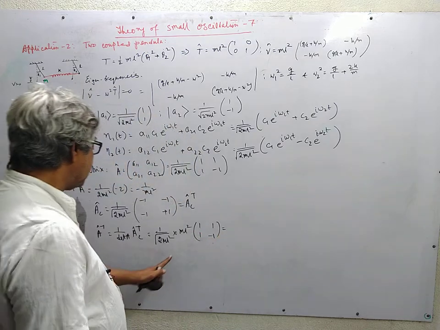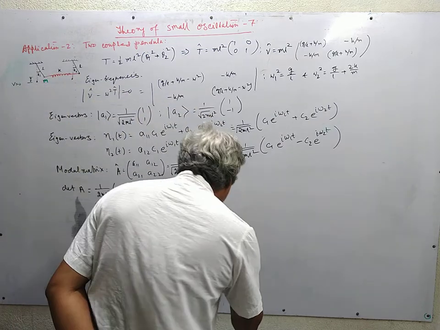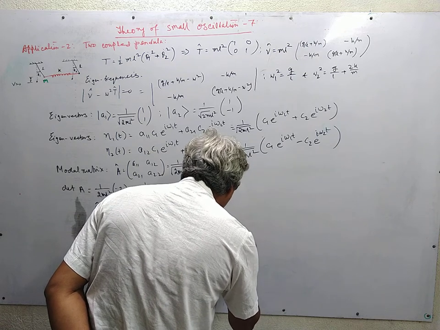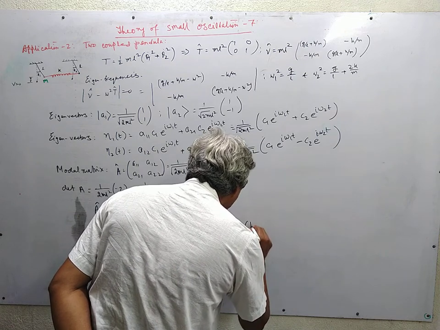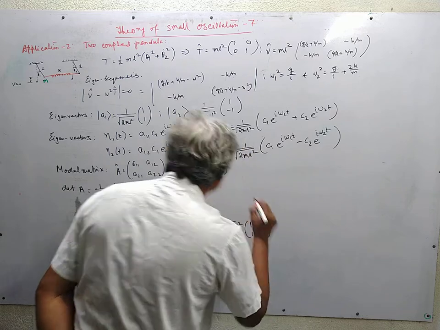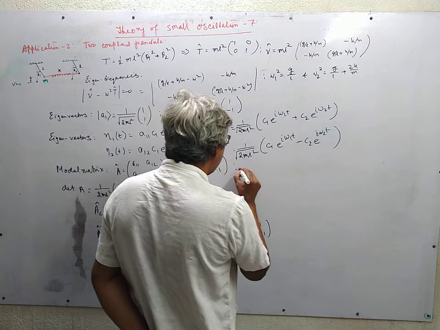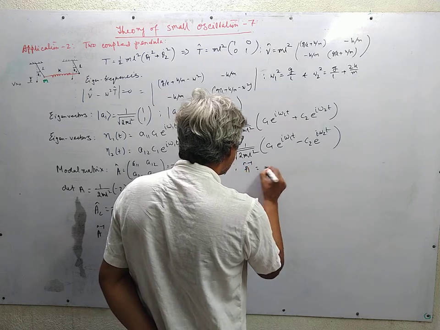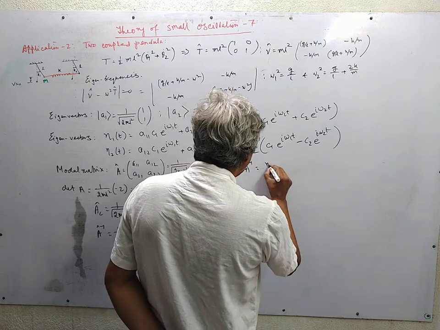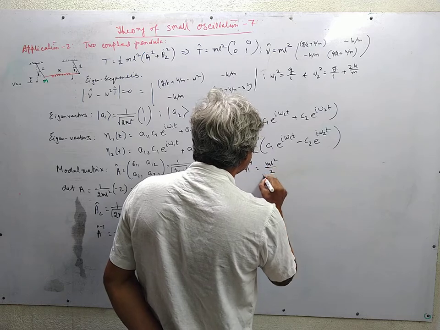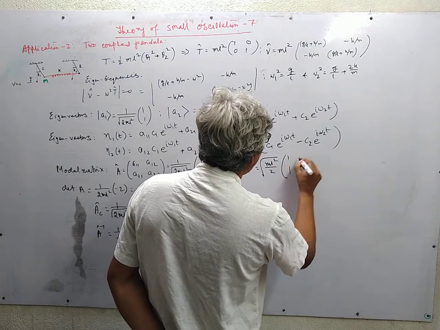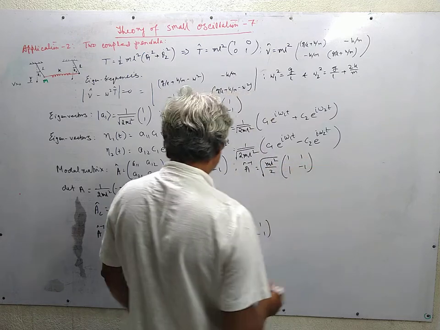So ultimately this is ml square by 2, 1, 1, 1, minus 1. So the modal matrix is this, and A inverse is ml square by 2, 1, 1, 1, minus 1.